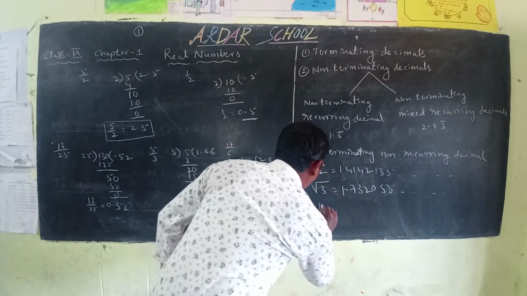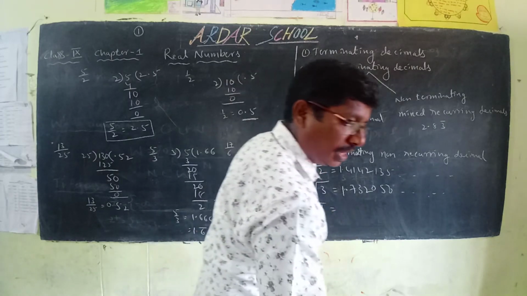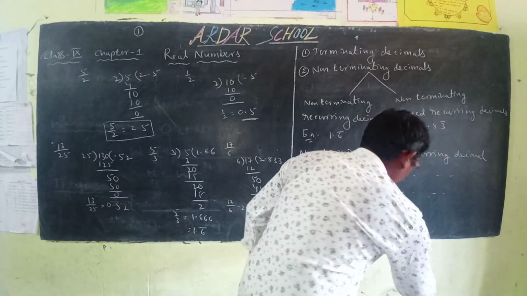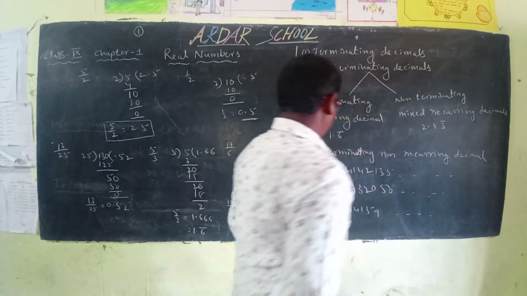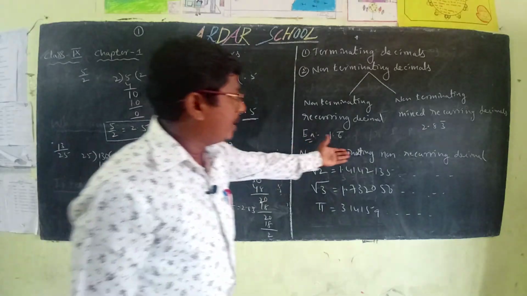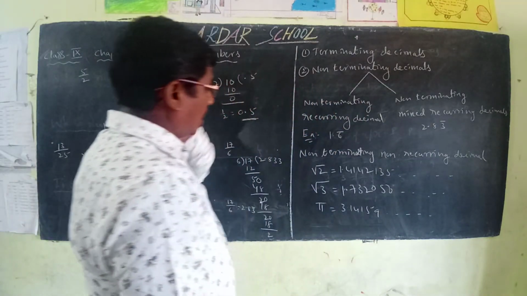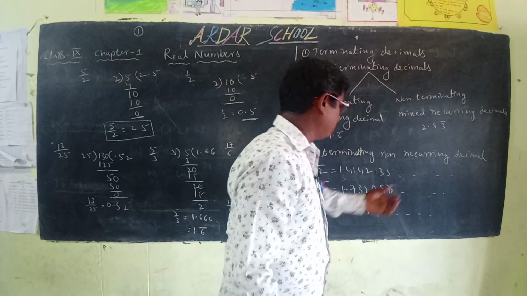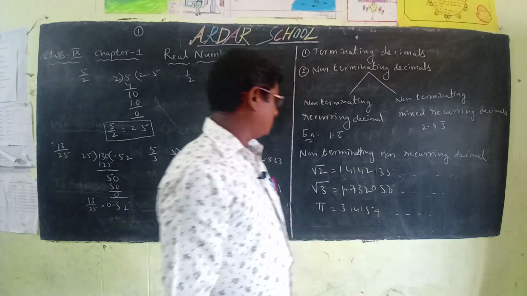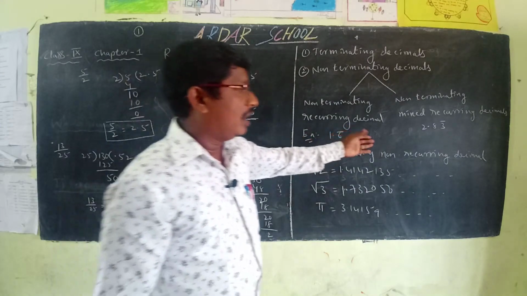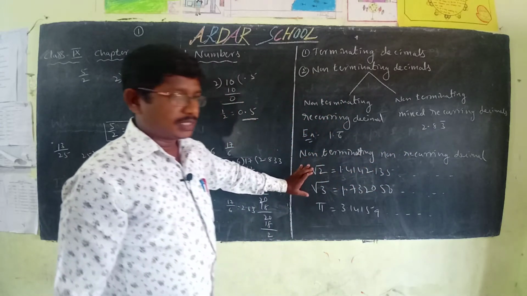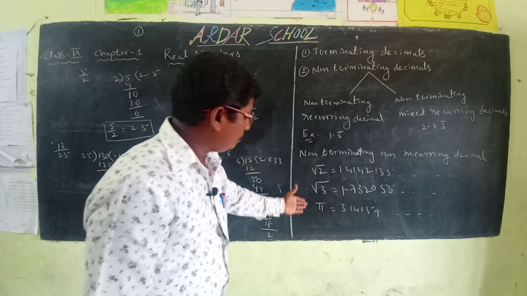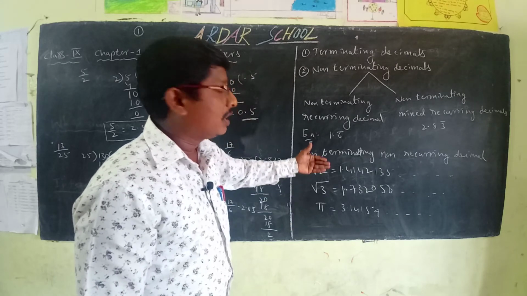In the same way, the value of pi is 3.14159 and so on. So these are non-terminating non-recurring decimals. This type of decimal is also called an irrational number.